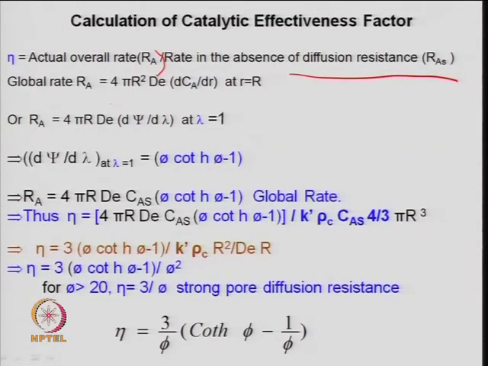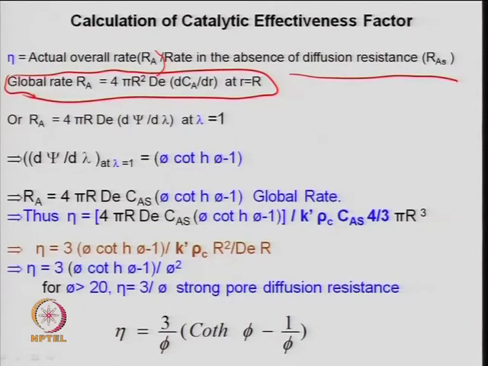Whatever your understanding, you know now that global rate is the rate which is measured at the condition where you have the actual concentration profile inside a catalyst pellet. So there is a gradient of concentration because of the diffusion resistance, and we need to identify that.